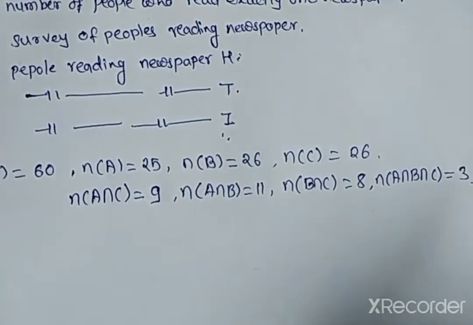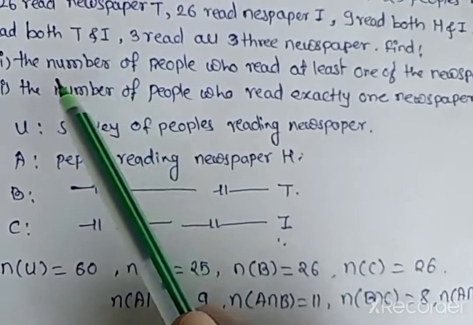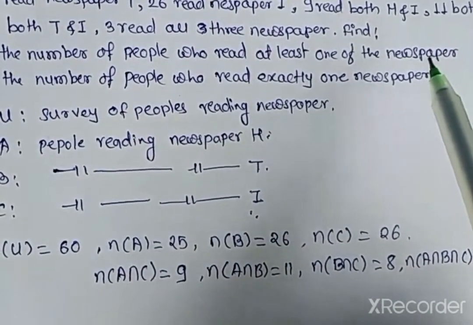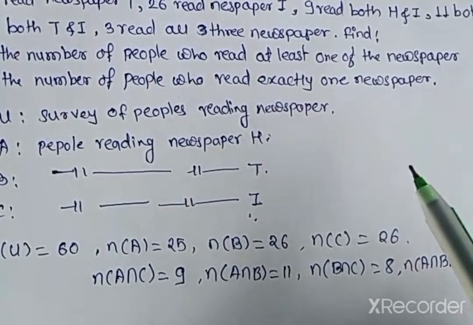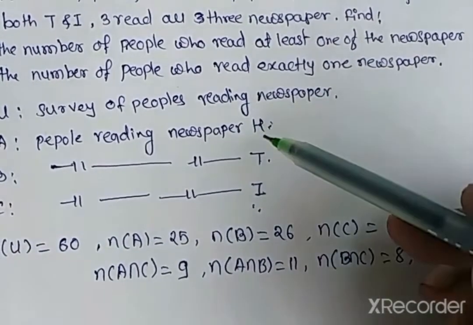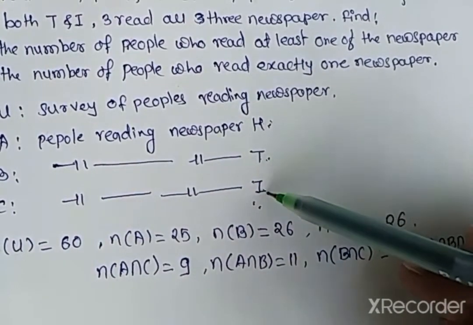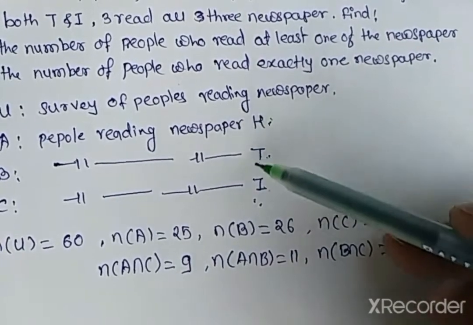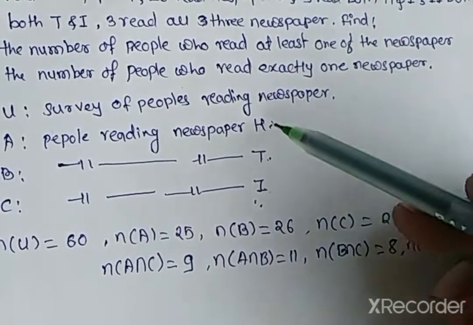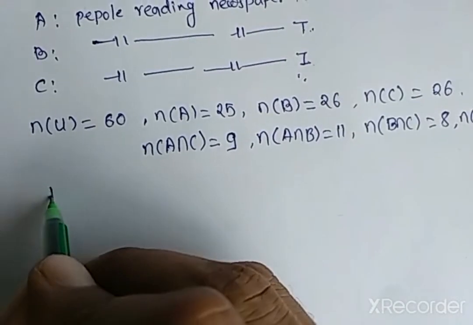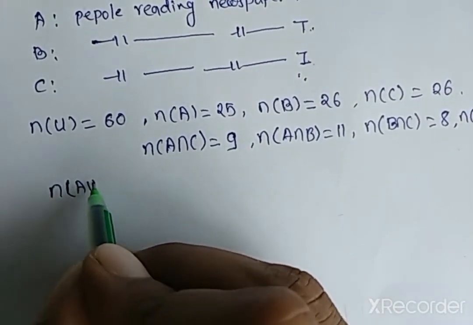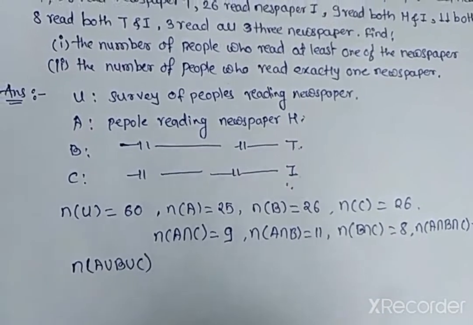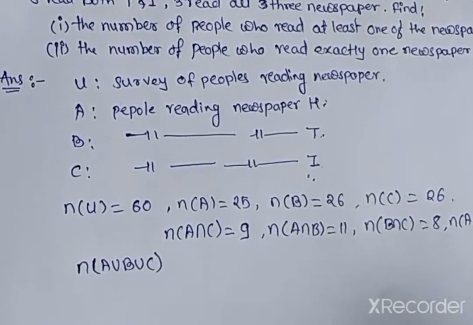Okay, now we have to find the number of people who read at least one of the newspapers. At least one means the people may read paper H, paper T or I. That is, we have to find the people who read one of these papers. Okay, so we have to find N of A union B union C. In this set we can find people who read at least one paper and maximum 3 papers also.